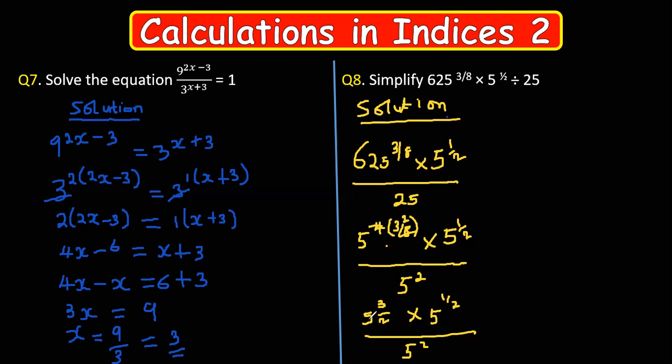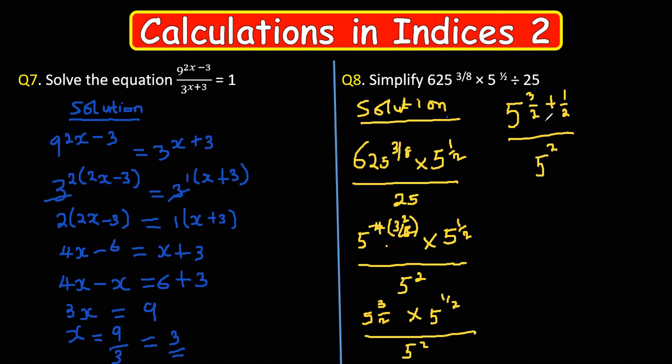So here we are going to just say 5, the base, raised to the power of 3 over 2 plus 1/2. So we just pick one base, then divided by this 5 raised to the power of 2.